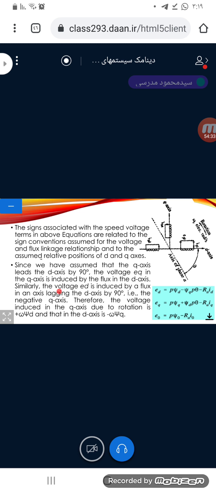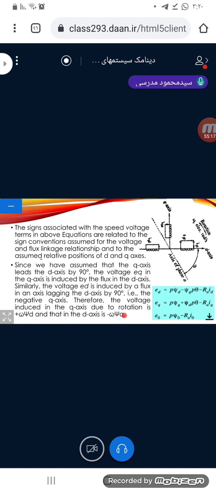Similarly, the voltage ED is induced by flux in an axis lagging the D axis by 90 degrees, i.e. a negative Q axis. Therefore, the voltage induced in the Q axis due to rotation is plus omega psi d, and in the D axis is minus omega psi q.